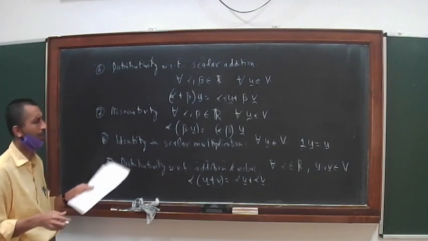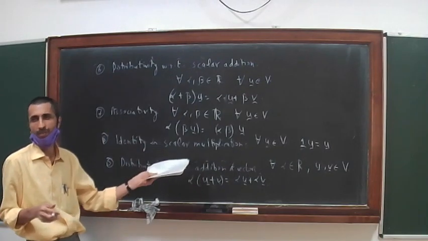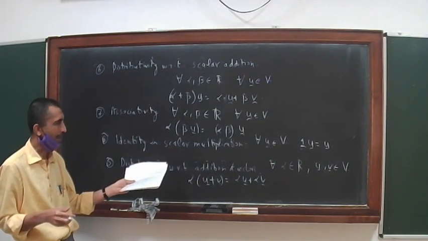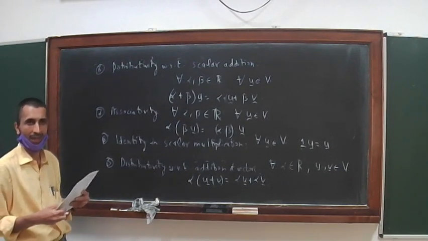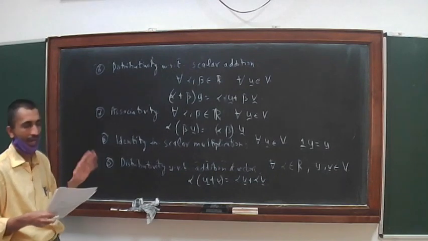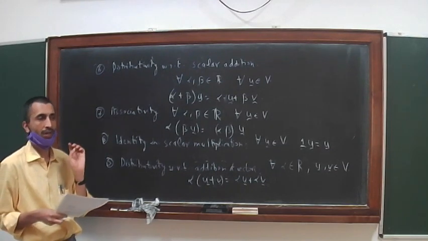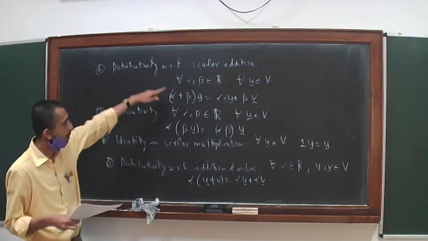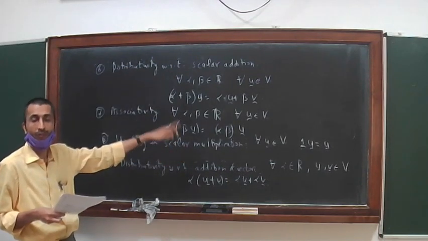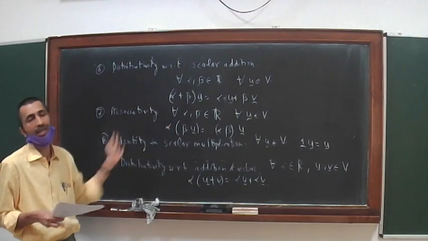One important thing is that you don't have to memorize all these 8 properties. So how do you test whether something is a vector space? You first have to define the addition operation, define the multiplication by a scalar, and then test whether all these axioms are satisfied. If all these axioms are satisfied, then it is a vector space.